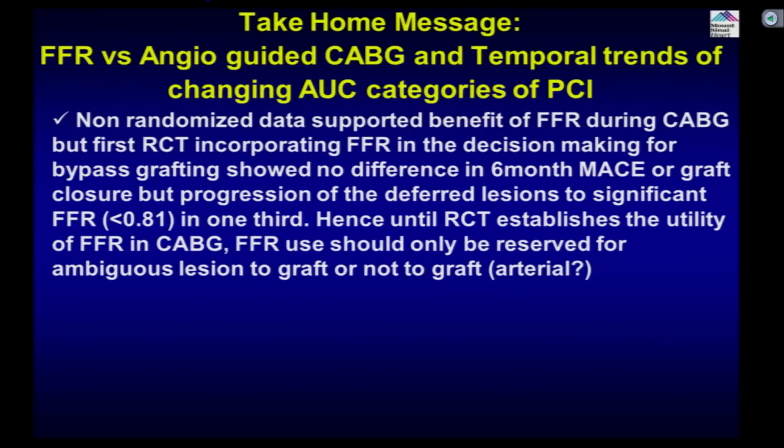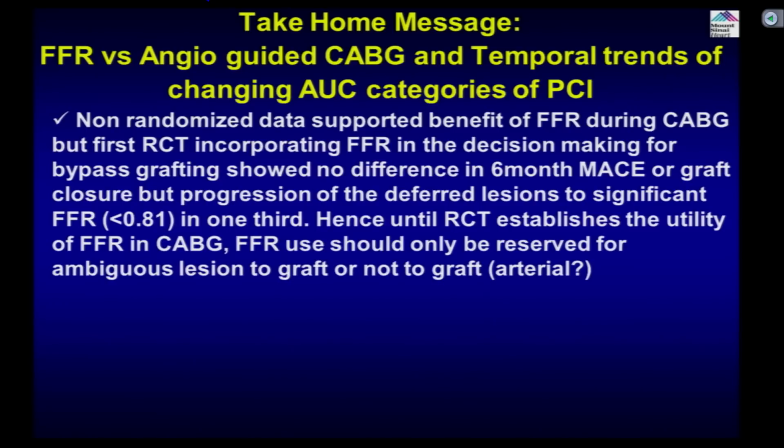So just to quickly summarize, non-randomized data supported the benefit of FFR during CABG, but the first randomized trial incorporating FFR in the decision making for bypass grafting, the FARGO trial, showed no difference in 6-month MACE or graft closure, but progression of the deferred lesion to a significant FFR of less than 0.8 in 1/3.